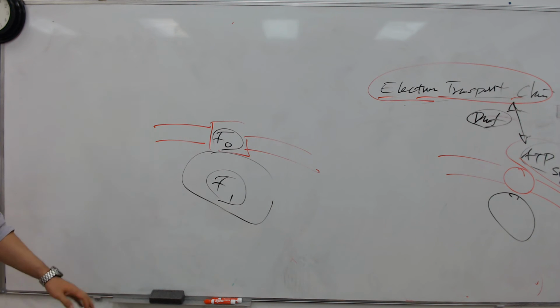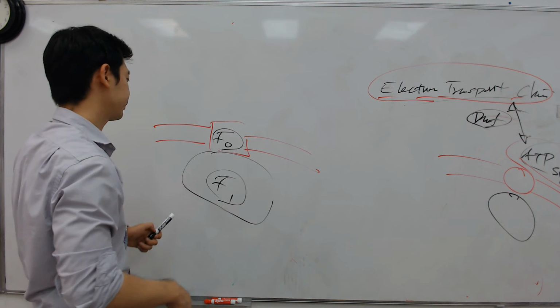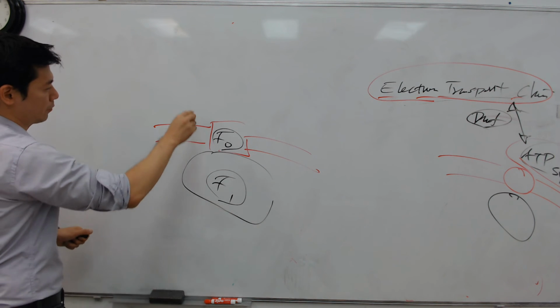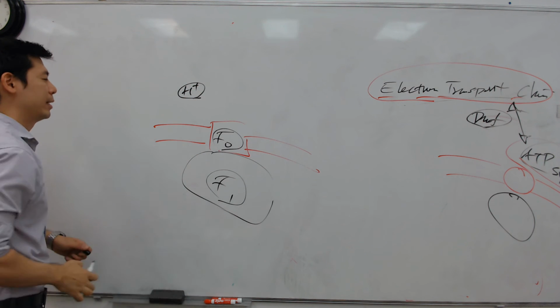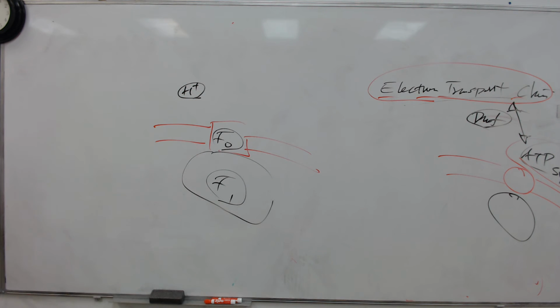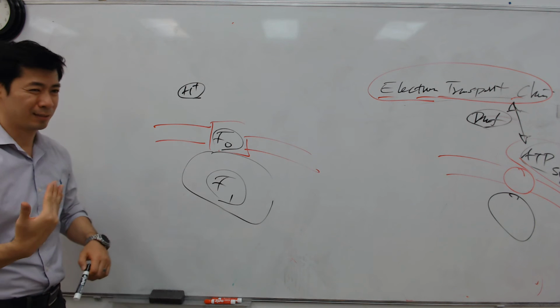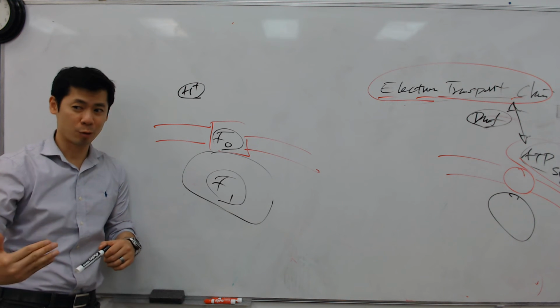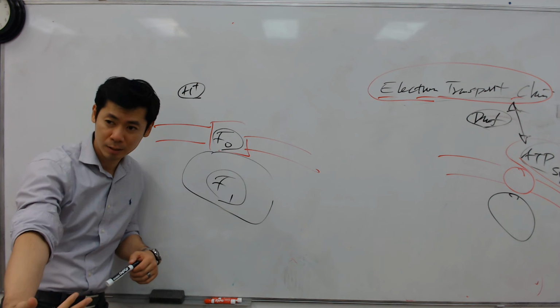Yeah, that's right, I have F0 and F1. So what this will do, because now there's a lot of H plus there, this creates, guys, the terminology that we talked about in the AP. It's the electrochemical gradient, okay?